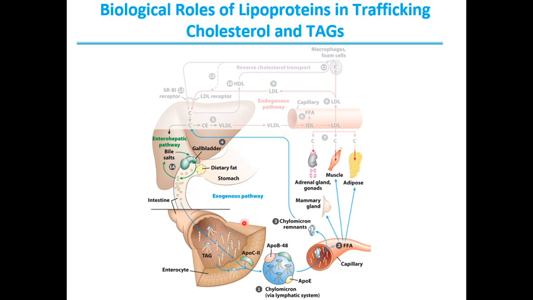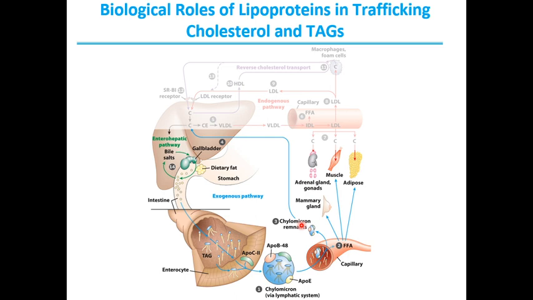The exogenous pathway involves the trafficking of triacylglycerols that are obtained from the diet to the liver. The endogenous pathway involves the formation of very low density lipoprotein in the liver, which exits it and enters back as low density lipoprotein. Let us first consider the exogenous pathway.